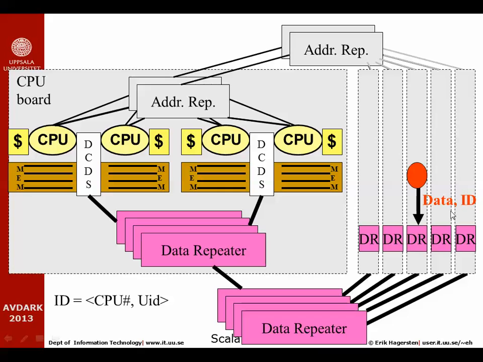That part of the identifier guides this packet through the hierarchy of data repeaters, and the identifier part is tagged on so the CPU can tell which of its outstanding transactions just got its data returned. But once more, the data packet does not have to be synchronously ordered or even seen by everybody else. It's just a point-to-point message going from this point back to the requester.